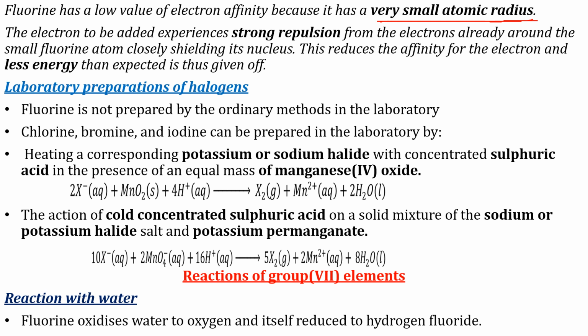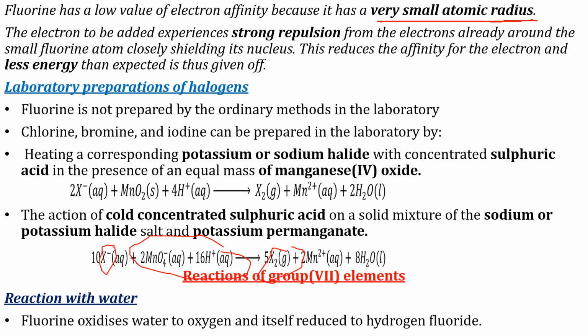A redox reaction simply means that an oxidizing agent, like this acidified potassium manganate(VII), oxidizes the halide ion to its stable state, like a gas. Let me say chlorine gas. For bromine it would have been bromine liquid, and for iodine it would have been iodine solid.